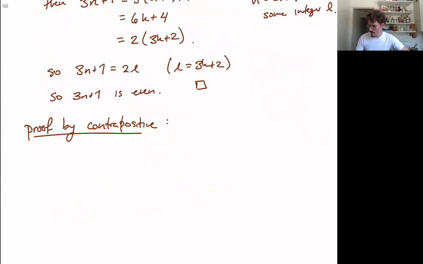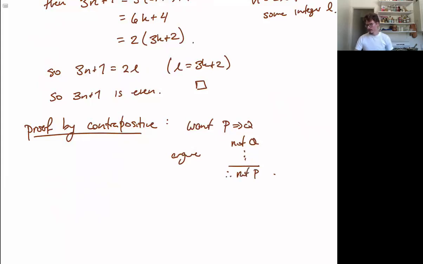In this situation, we want something like P implies Q, and we argue something like not Q, with some intermediate steps, and conclude not P. So we are using the fact that P implies Q is equivalent to not Q implies not P. This is why it's called proof by contrapositive: we're proving the contrapositive instead of proving the original statement.